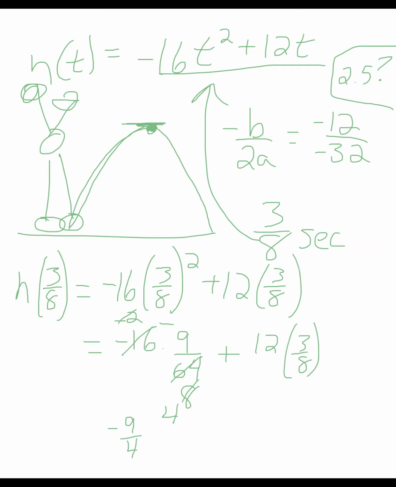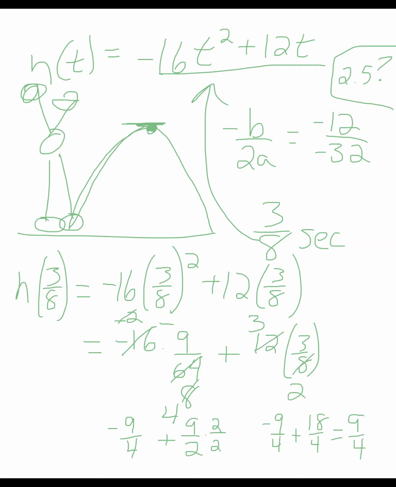And then over here I can reduce. 4 goes into 12 3 times, and 4 goes into 8 twice. So that would be 9/2. Now I want to add these two fractions together, but they're not common denominators, so I'll multiply this one by 2/2. So I really have negative 9/4 plus 18/4. So I get out 9/4.